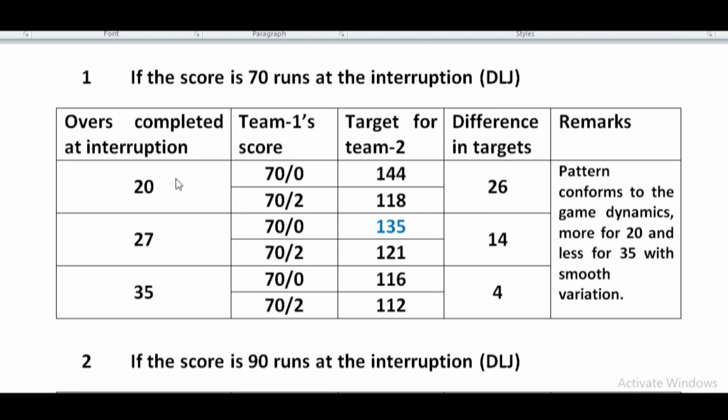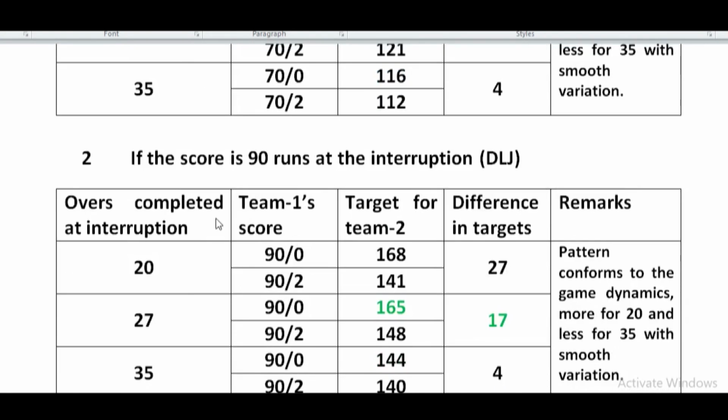And if it occurs at 27 overs, the targets are 135 and 121, and the difference is 14. And if it occurs at 35 overs, it is 116 and 112, and the difference is 4. So very nicely, you can see very nice and smooth variation, and it is in the right order.